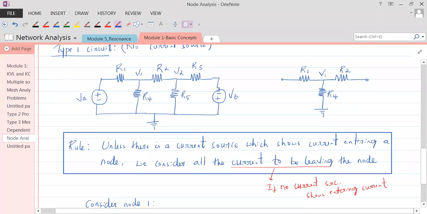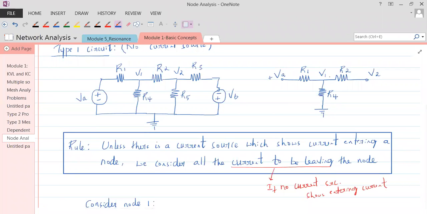And on the other side of this terminal, there is voltage VA, that is plus VA because it is connected to the plus terminal. Similarly, on the other side, it is plus V2. This is how we consider node 1.